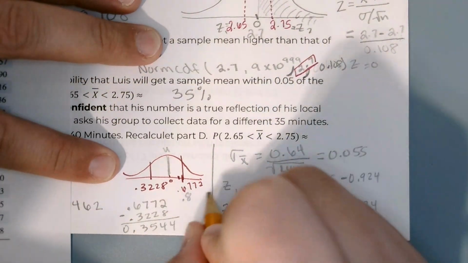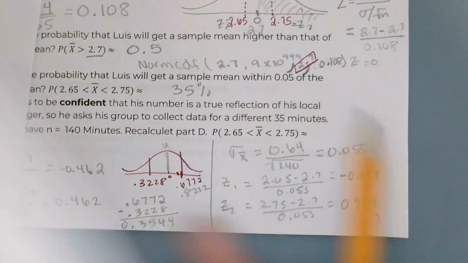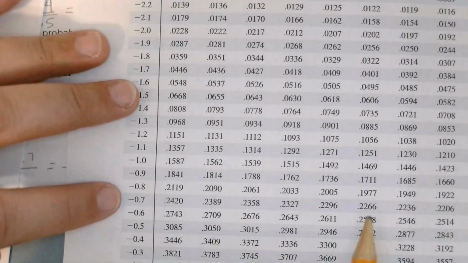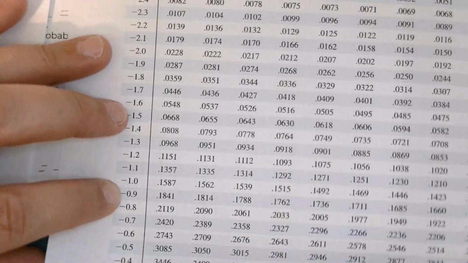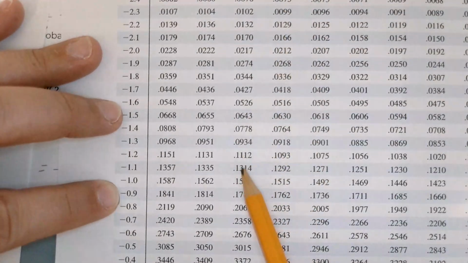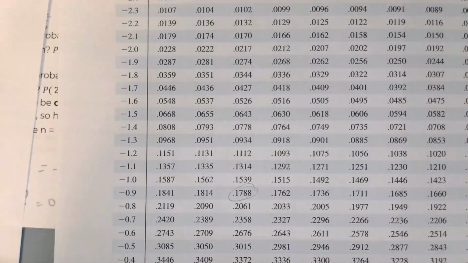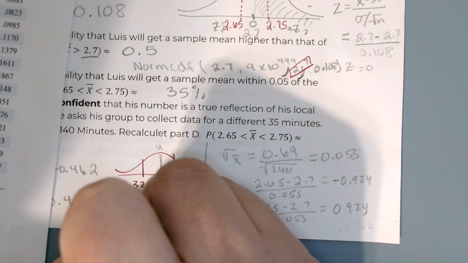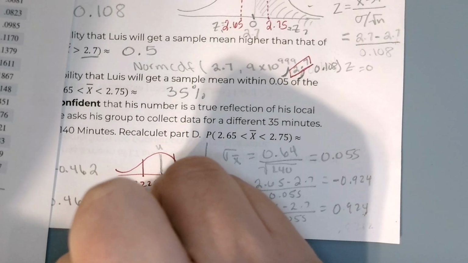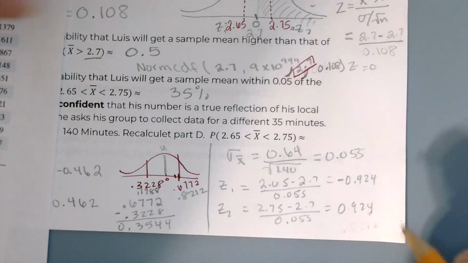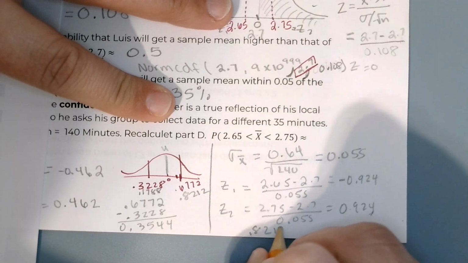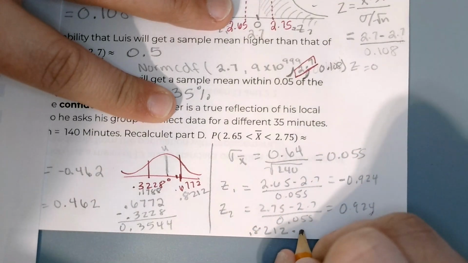And now this just looks like a crazy person is writing everywhere. Let me put that over here on our picture. And I'll find the other one, the negative version. Negative 0.92 is 0.1788. And if I subtract those two differences, I will find the area between the two.